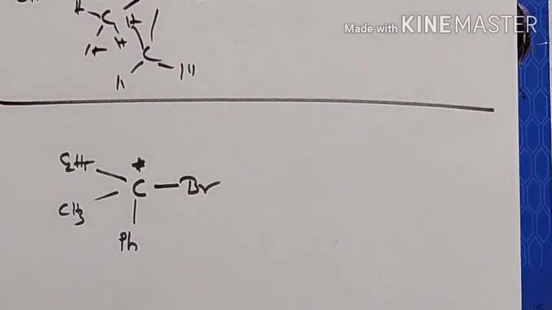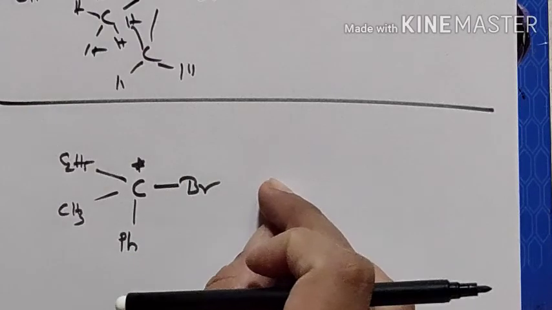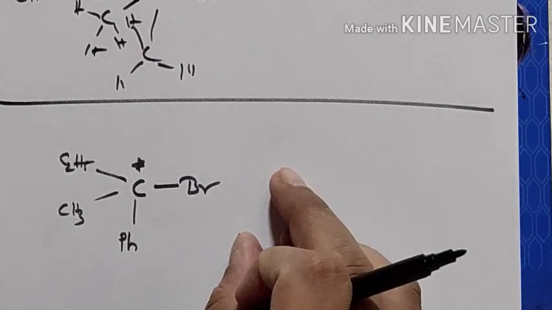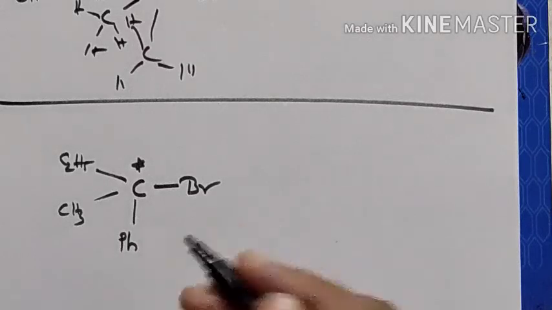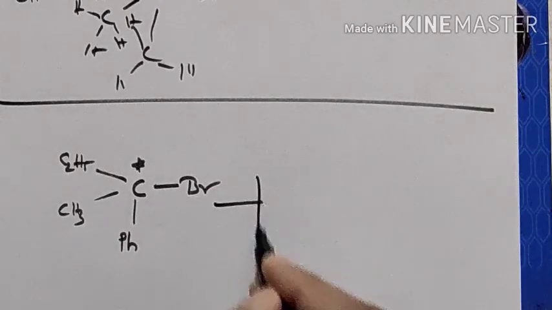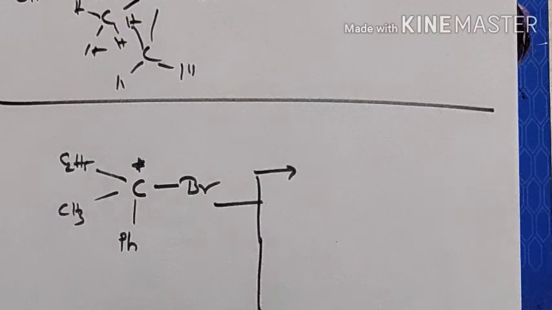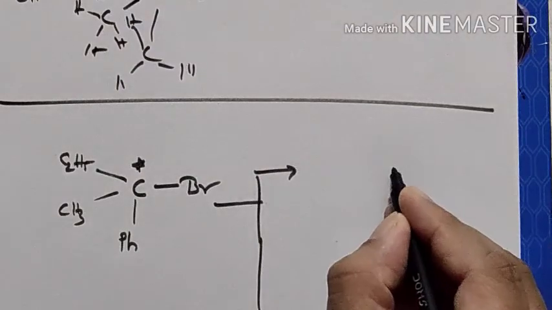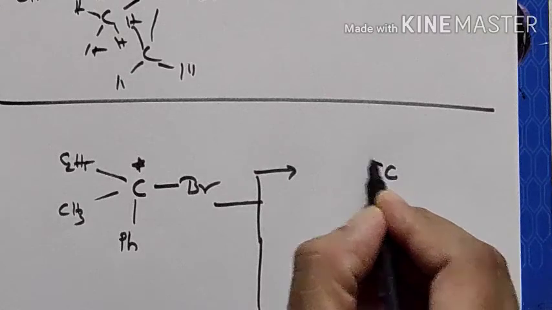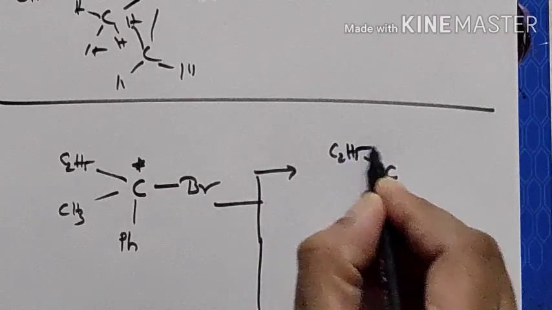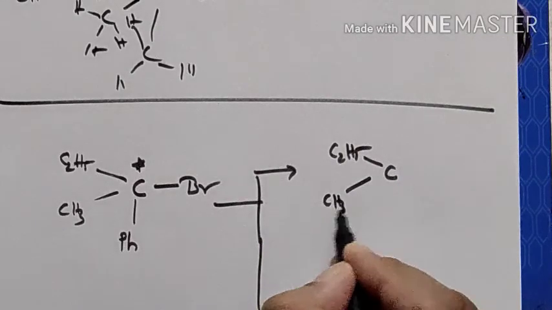When there's an asymmetric carbon and this Br comes out, I told you there will be 50% retention and 50% inversion. So let's draw it diagrammatically so that we understand. Suppose this carbon has C2H5, the same as what is present.